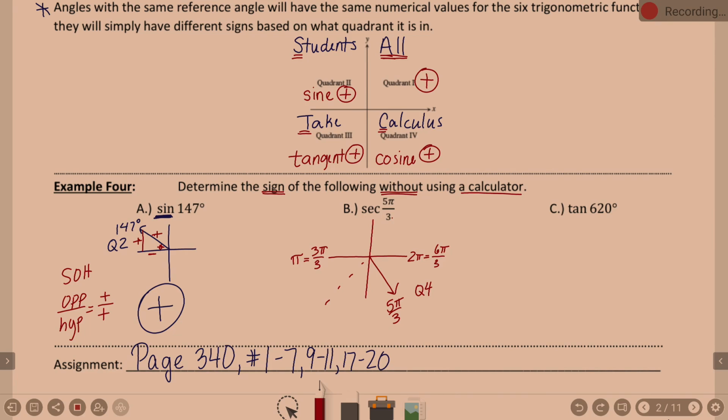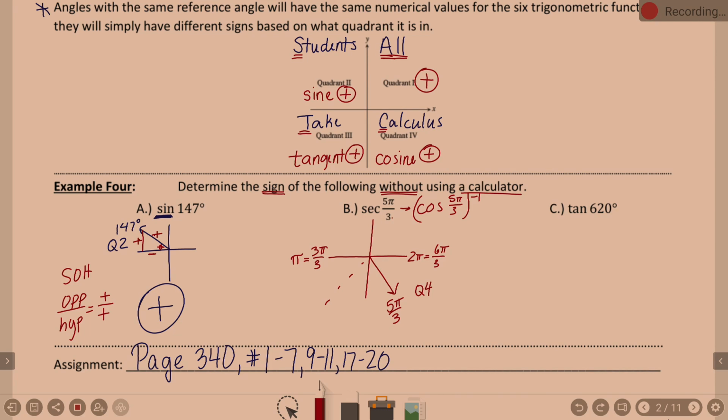So, what do you guys know about secant? This really is doing the reciprocal of the cosine of 5 pi over 3. So what's that say about the sign here?